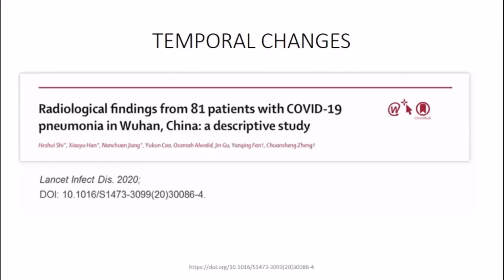This study is one of the best studies that have come out of Wuhan, China, and I have been in contact with Dr. Osama Al-Walid, who's a co-author of this article that was published in Lancet Infectious Diseases, I think last month. Their work in this article is very impressive and very good, so I will demonstrate their findings.